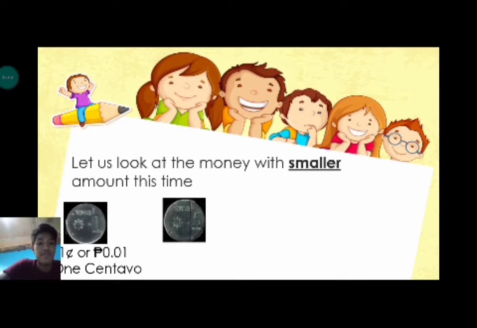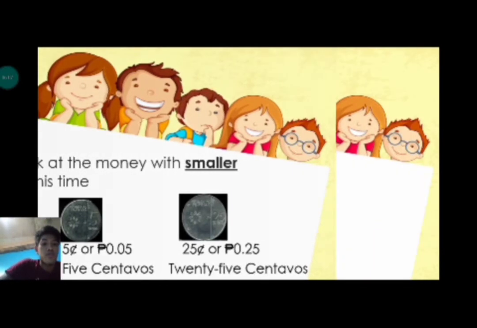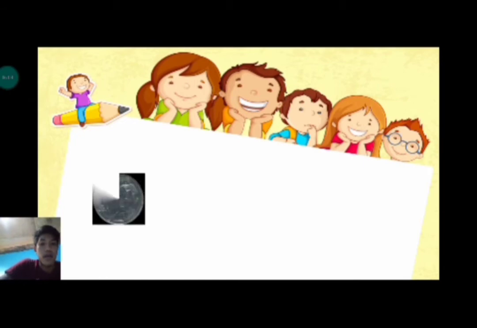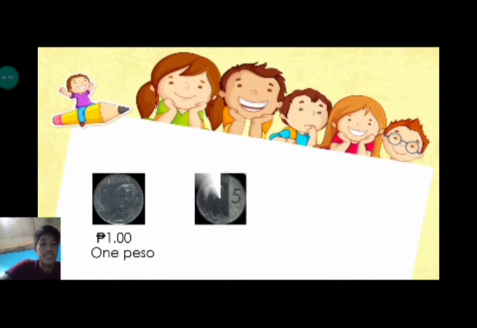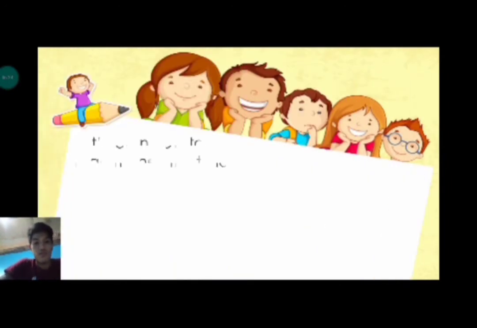We have 5 centavos. We write it in symbol like this, and in words like this. We have 25 centavos and our 1 peso coin. Next is 5 pesos, and next is 10 pesos.